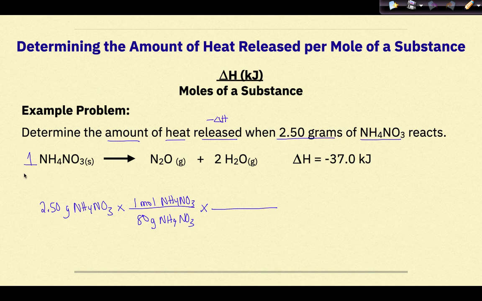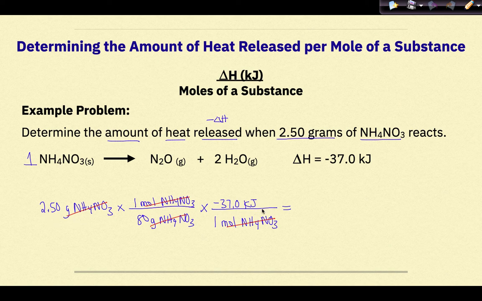And I know 1 mole of NH4NO3 releases 37 kilojoules of energy. Now before I go on, I want to make sure that all of my units cancel. So grams cancels grams, moles cancel moles, and I am left with kilojoules.